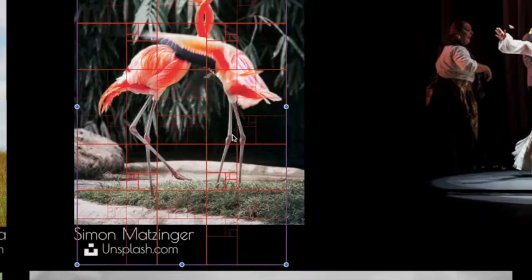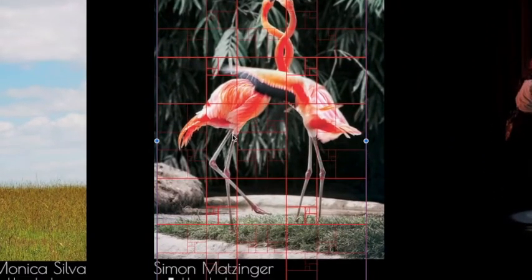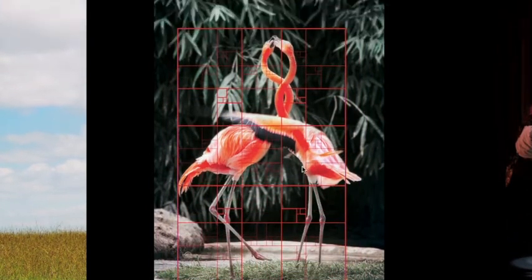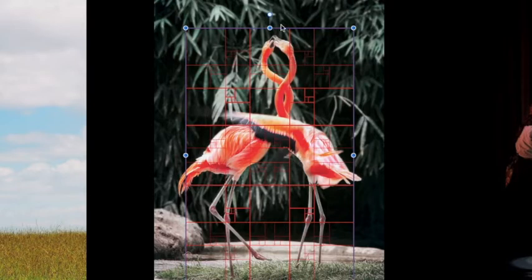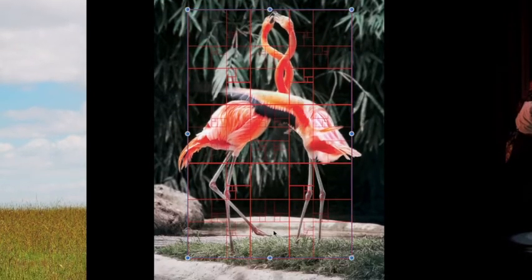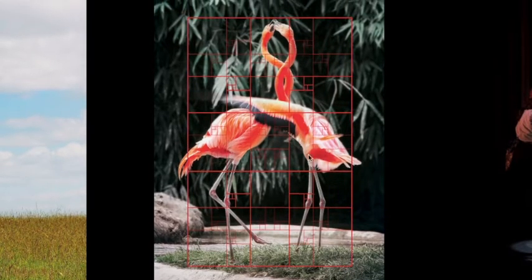The flamingos. Again, looks like a very good rectangle right there. Somewhere in there, the feet, I'm going to say right about there.